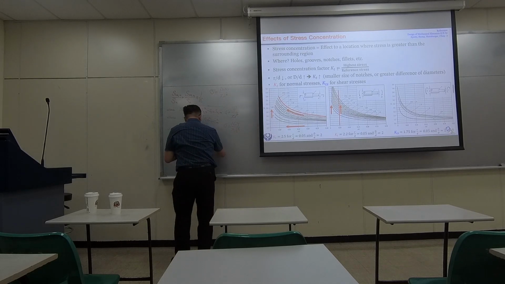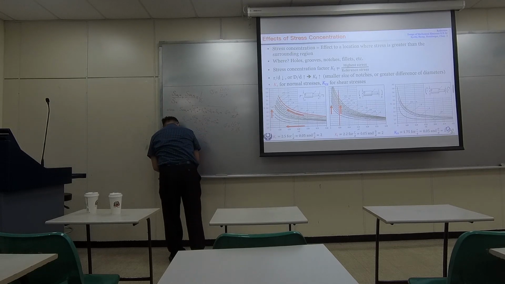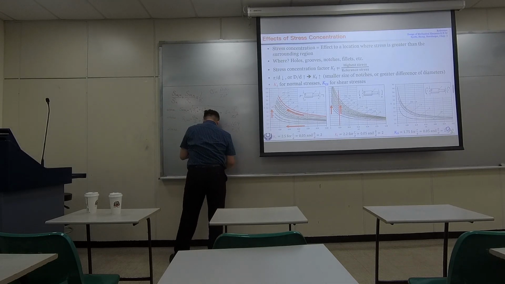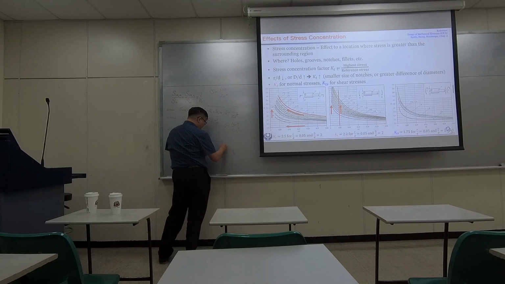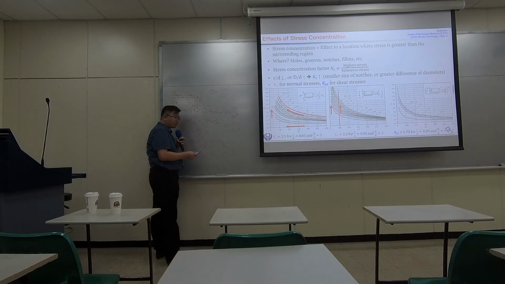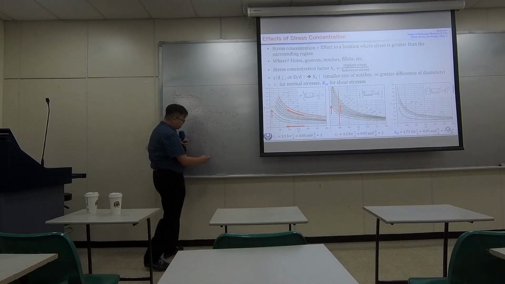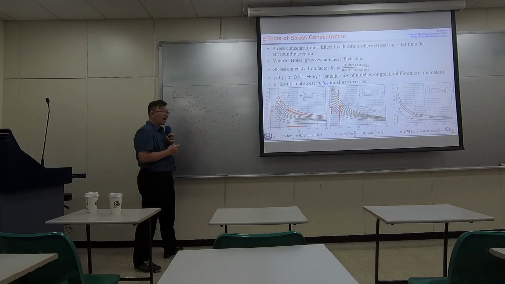So if you have a geometry with a large fillet, a large radius right here, K is lower. But if you have a very small one, K is higher.